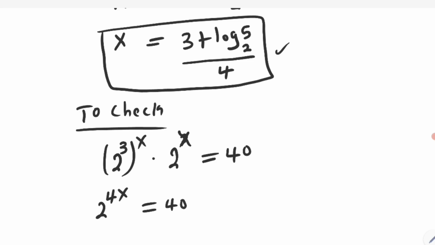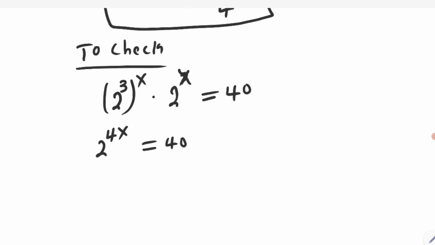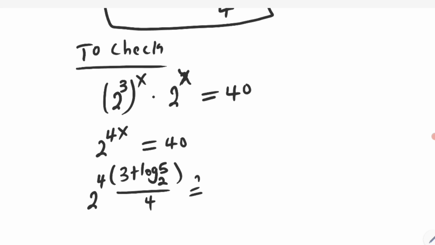And when x is 3 plus log 5 base 2 over 4, so here we have 2 raised to power 4 bracket 3 plus log 5 base 2 over 4 must be equal to 40.